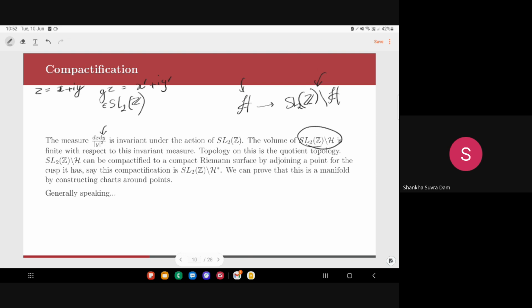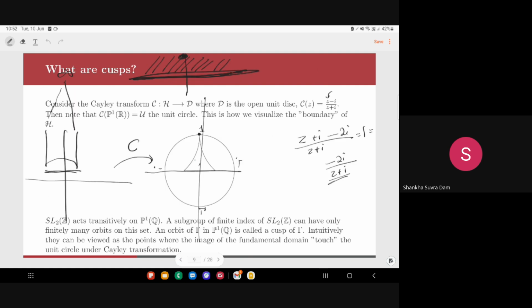And this can be compactified to a compact Riemann surface by adjoining a point for the cusp it has. This is intuitively clear, like SL2Z has one cusp, where the fundamental domain is touching the unit circle. And for other subgroups of SL2Z with finite index, we would see that there are actually more cusps.